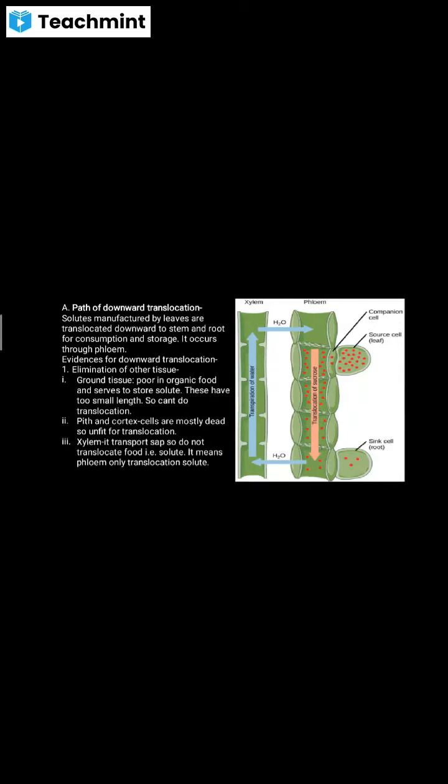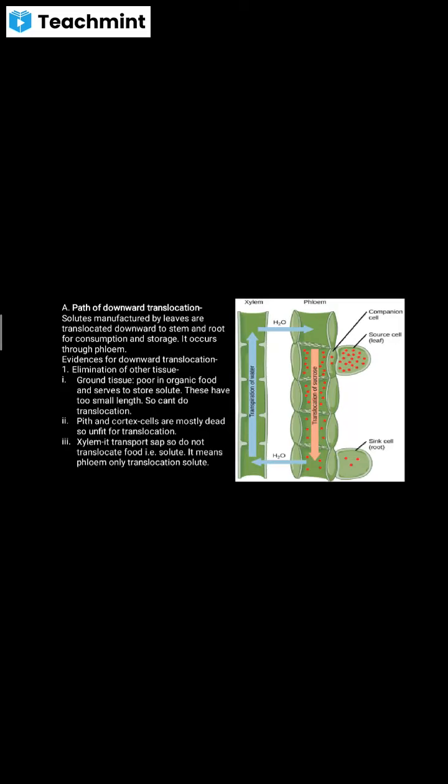Here the solutes that are manufactured by leaves will be translocated downwards to the stem and roots, for consumption as well as for storing. This translocation mostly takes place through the phloem cells.